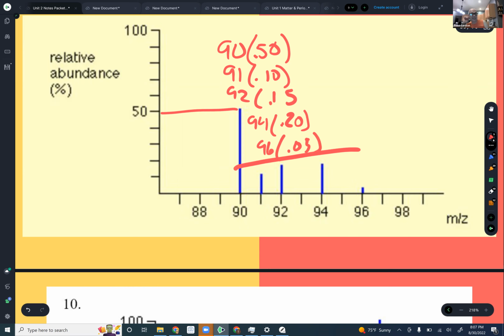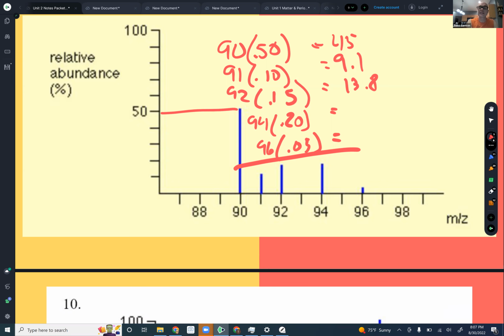If we take the time to multiply the weights times the percentage of each one of these, it'd be 90 times 0.5, which is 45, 91 times 0.1, which is 9.1, 92 times 0.15, and that's 13.8, 94 times 0.2, 18.8, and 0.05 times 96, we would get 4.8.